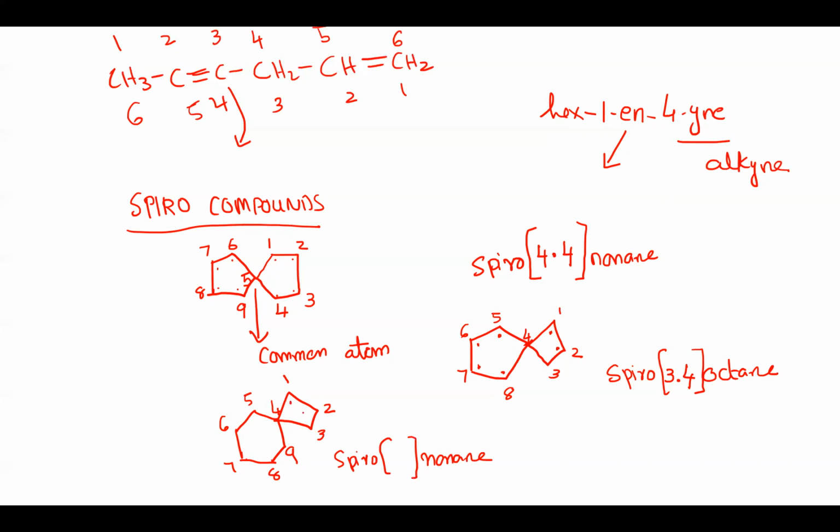Here we have 1, 2, 3 atoms other than the junction in this ring, so 3. Here we have 1, 2, 3, 4, 5 atoms other than the junction. So the lower number comes first: 3.5 nonane. The compound name is spiro 3.5 nonane. It is the name of the compound.